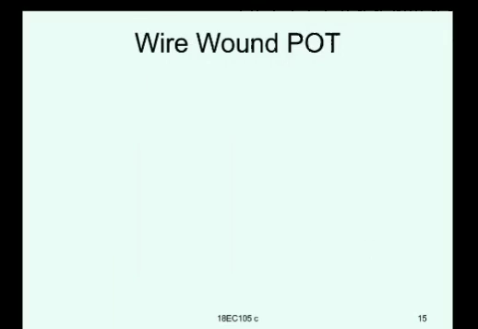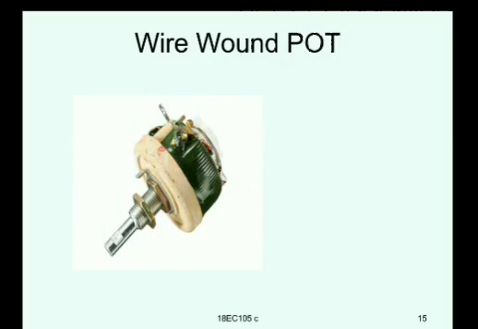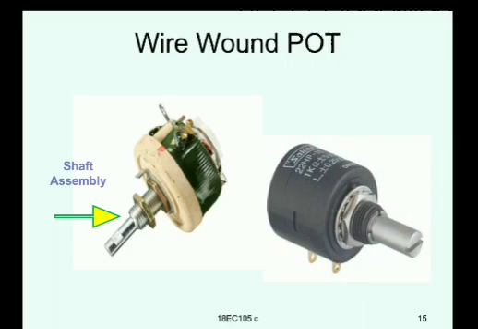Let us see a wire wound pot. So this wire wound pot, as we have seen, is an assembled one inside, but so you have a shaft which is fully assembled with the resistor, wiper and all.